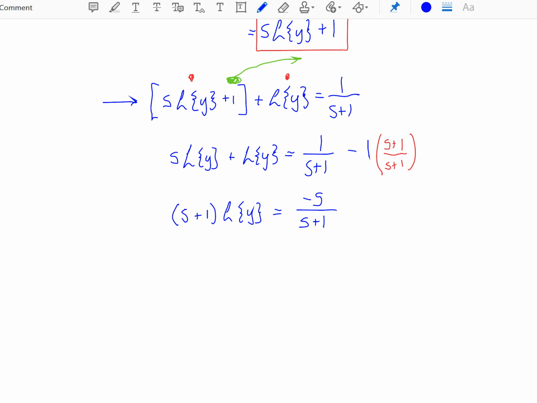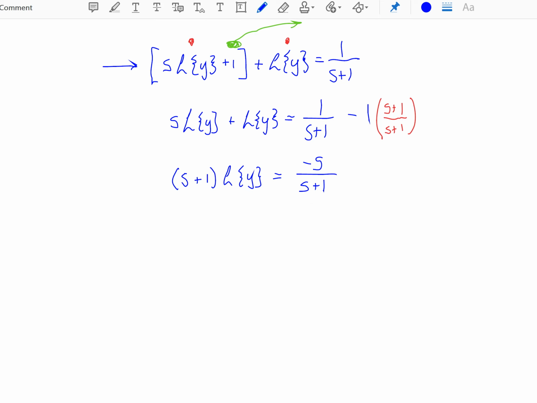And we want to get the Laplace of y by itself, so let's divide both sides by s plus 1 to give us negative s over s plus 1 squared, which will give our solution to our differential equation y of t as the inverse Laplace of negative s over s plus 1 squared.